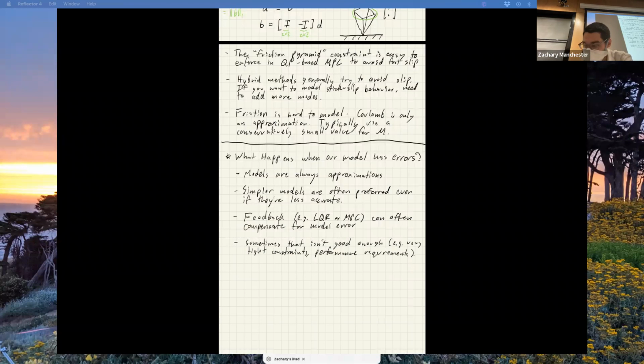So if the model you have, or the model you can easily write down, is just not good enough, here are some options to think about.